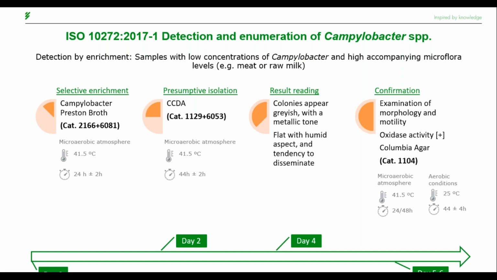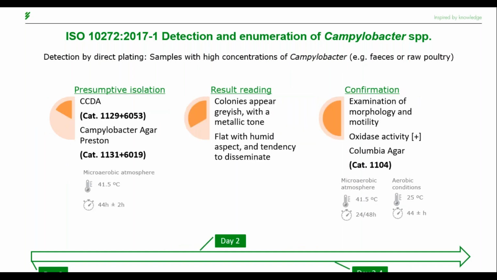The suspect Campylobacter colonies have to be subcultured onto Columbia agar in microaerobic and aerobic conditions and examined for morphology and motility. And lastly, confirmed by detection of oxidase activity. Once again, optional methods for identification of a species are biochemical tests or molecular methods.